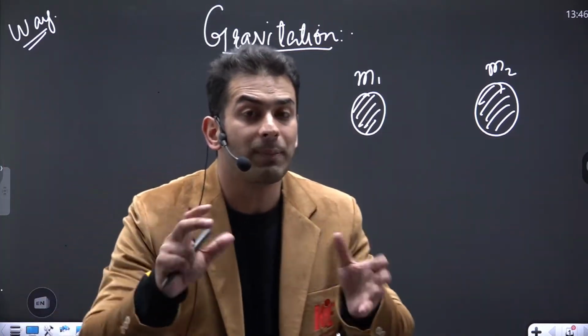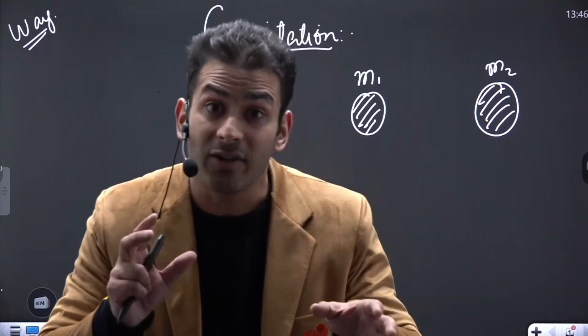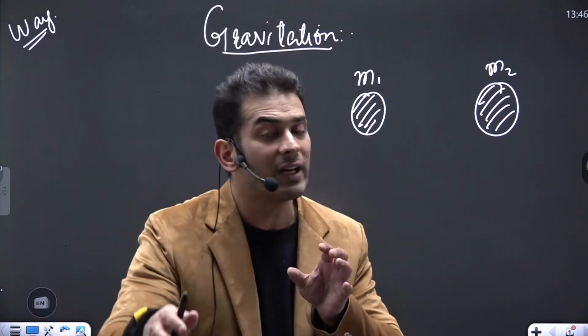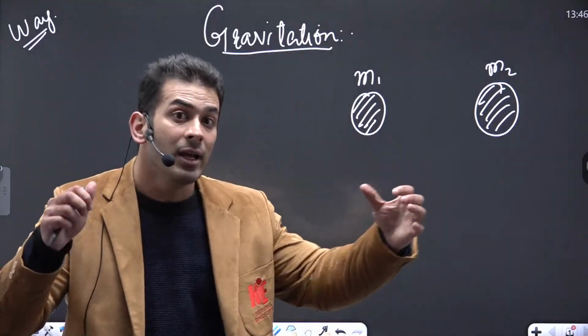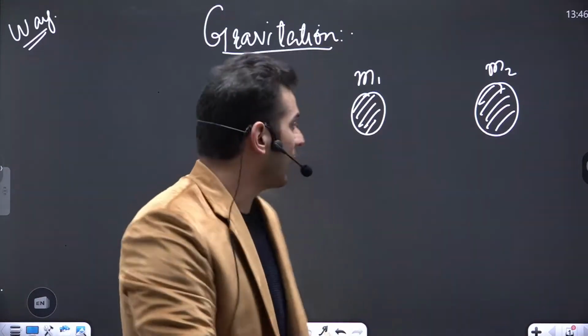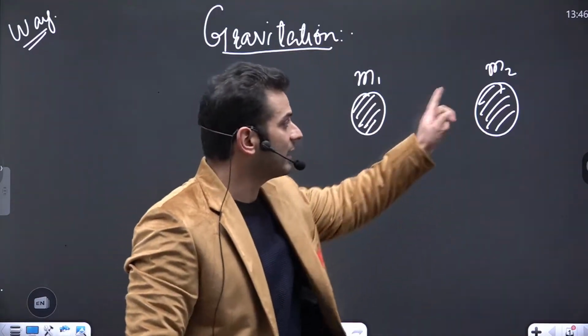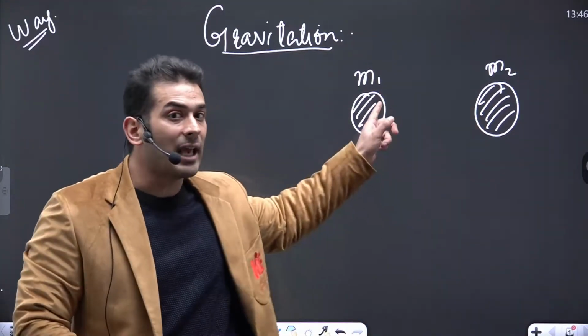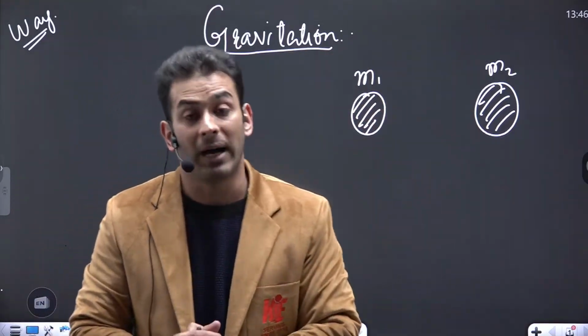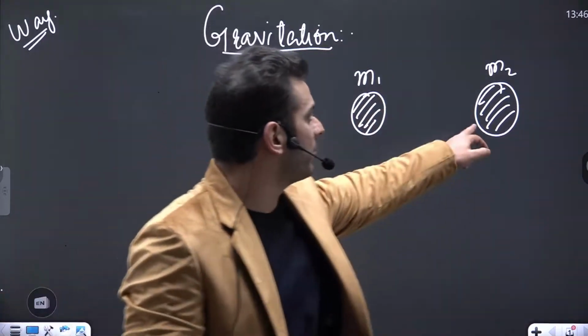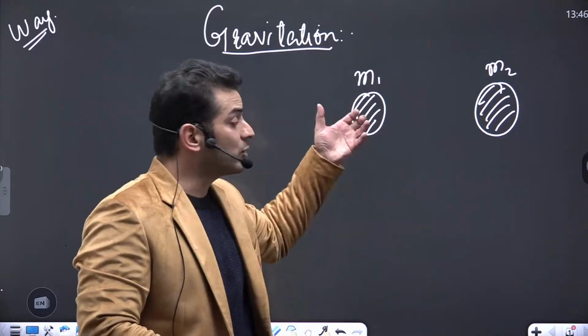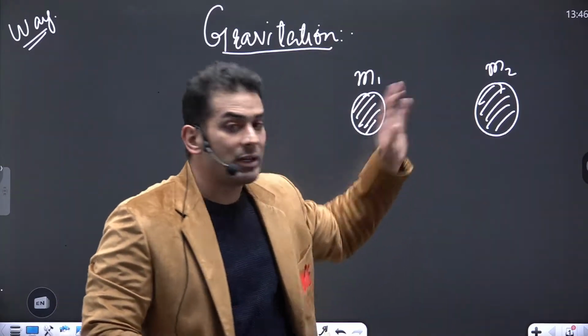There will be an attractive force between them. The force will try to bring them closer. It will try to catch the other mass. For example, this mass M1 comes in contact with M2. M1 will try to attract M2, and same is the case with M2. M2 will try to attract M1 towards itself.